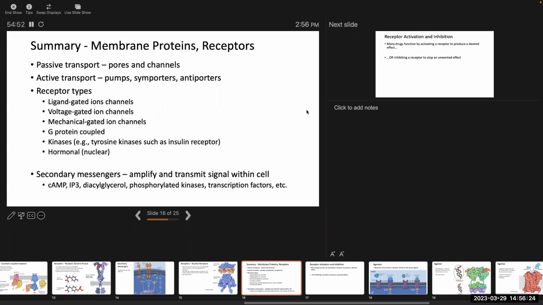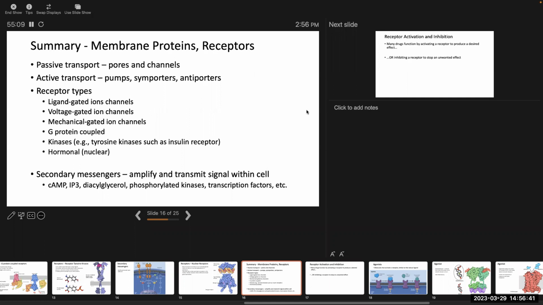Got all these different kinds of receptor types: ligand-gated ion channels that respond to the binding of a ligand and open up an ion channel, voltage-gated ion channels, mechanical-gated ion channels that respond to different stimuli, but still open an ion channel.